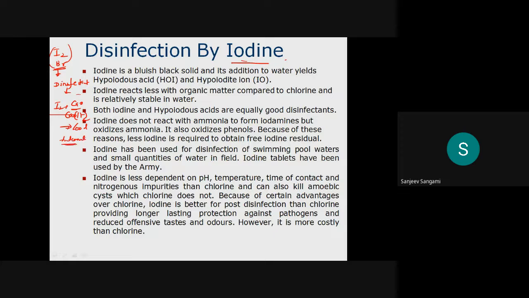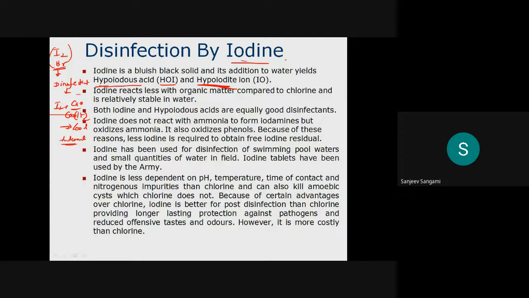Iodine is a bluish black solid, and its addition to water yields hypoiodous acid, that is HOI. Initially it will form this, then later it will form the hypoiodite ion.